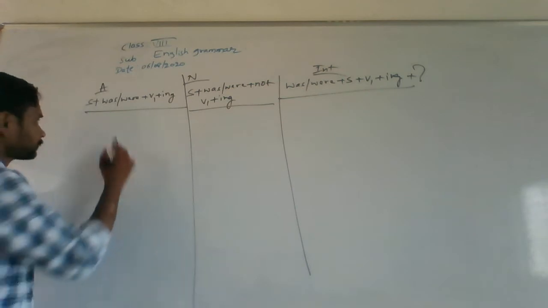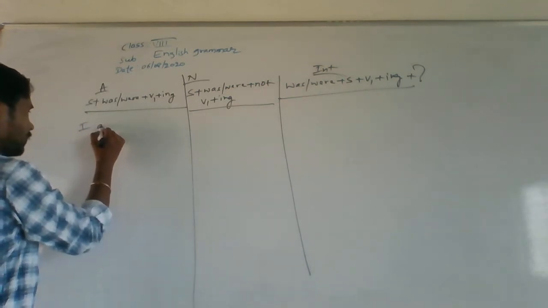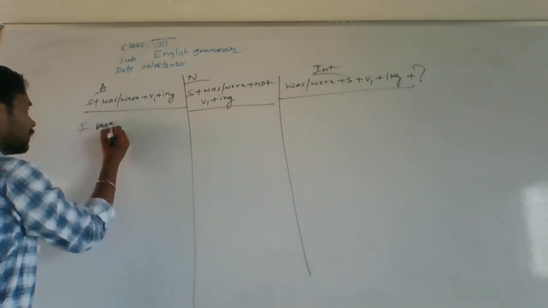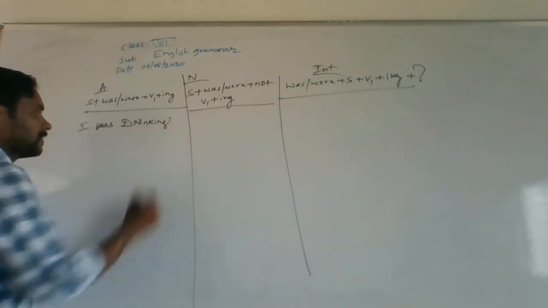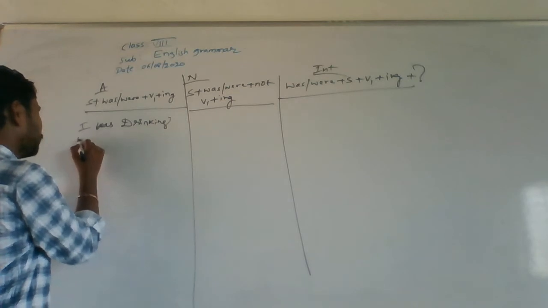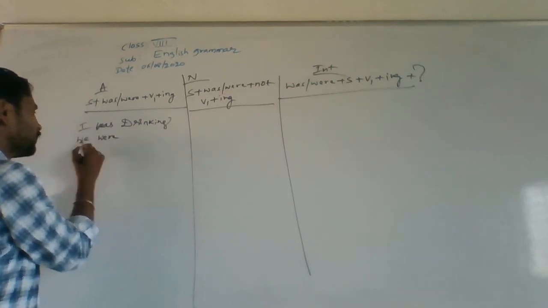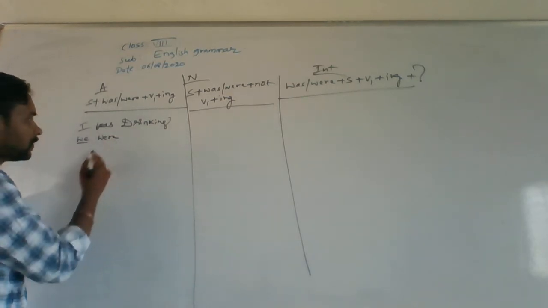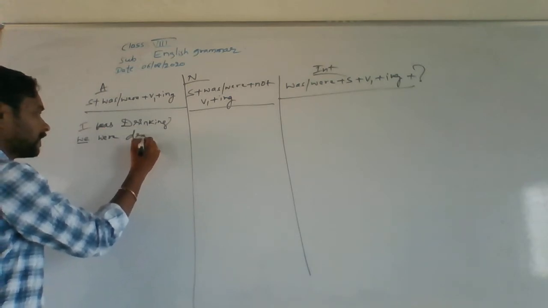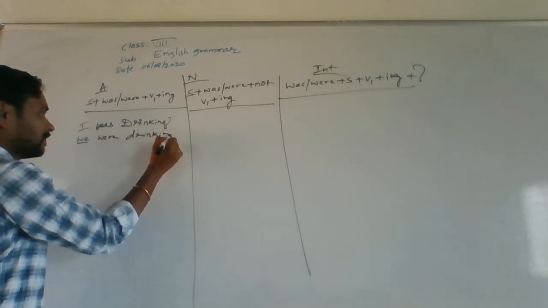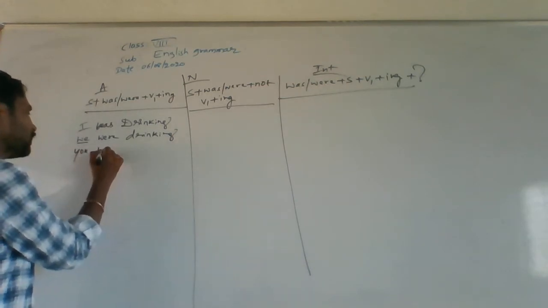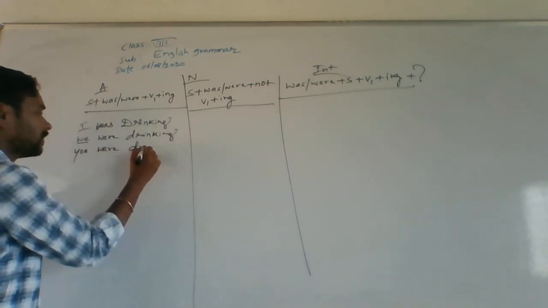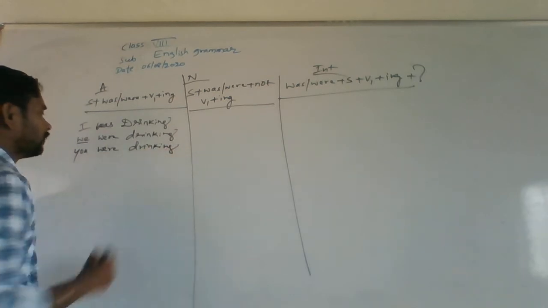See here, I was drinking. Then we were drinking, because it is a plural. You also are plural, so we take were.